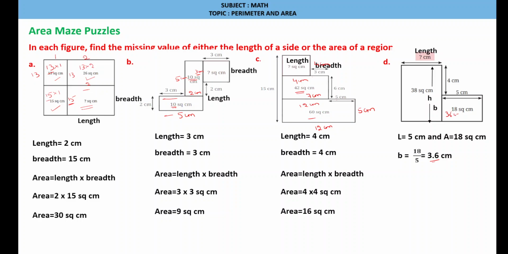Therefore, the total breadth of this will be 3.6 plus 4, nothing but the height will be 7.6 centimeters, and the area is 38. Therefore, the length will be area divided by breadth. 38 divided by 7.6 is nothing but 5 centimeters. Therefore, the length of this rectangle is 5 centimeters.